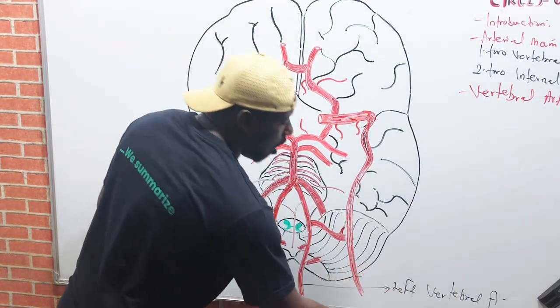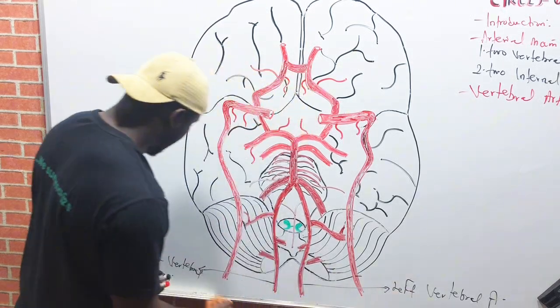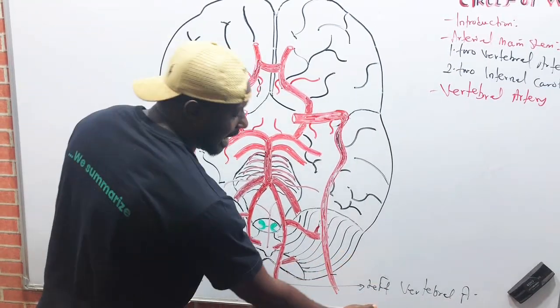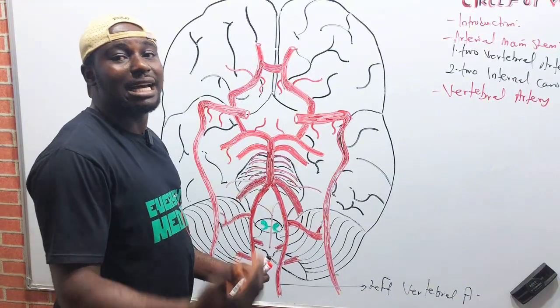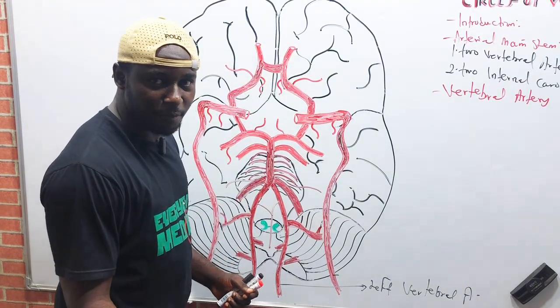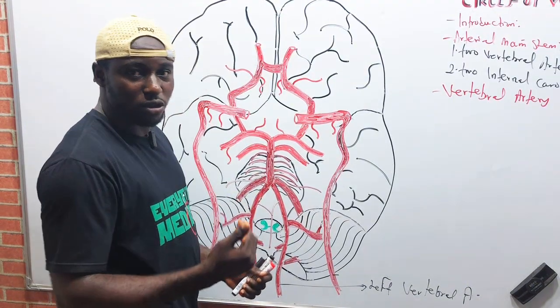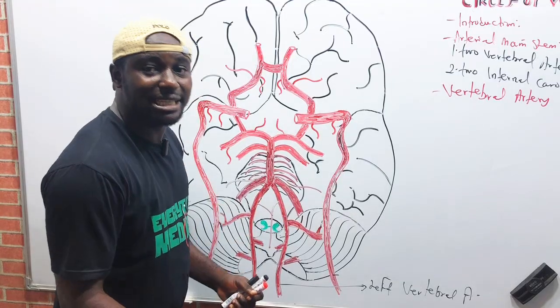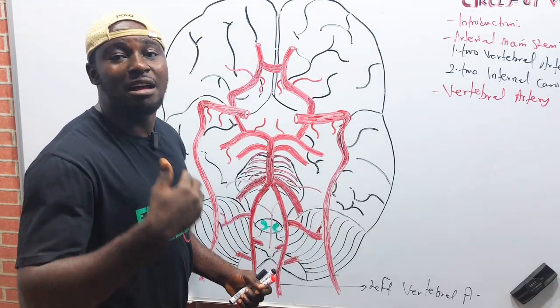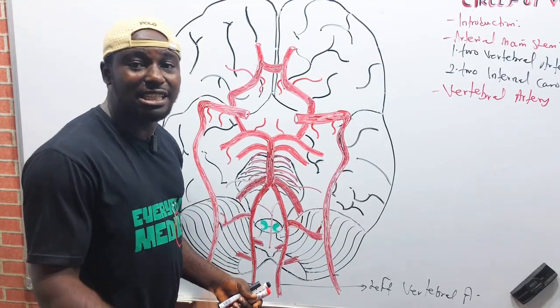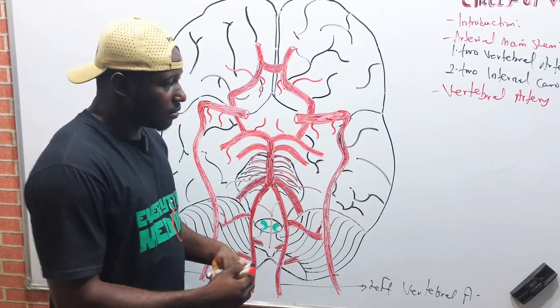Now, once the left and right vertebral arteries arise from the subclavian arteries, they course upward by passing through the intervertebral foramen. They pass through the what? Intervertebral foramen.